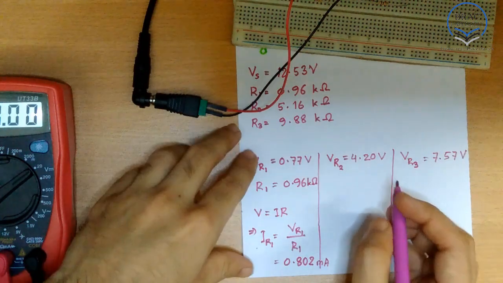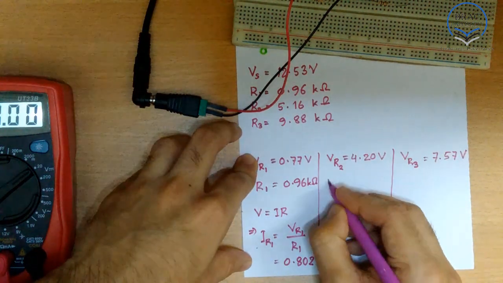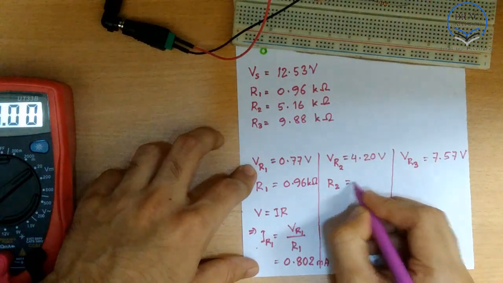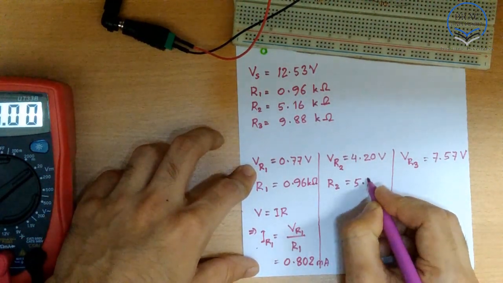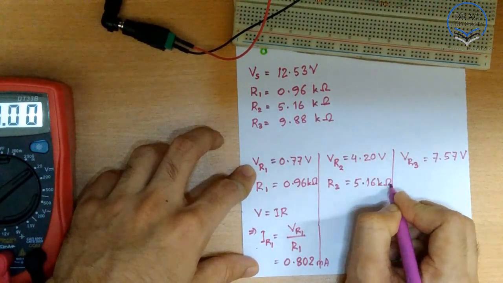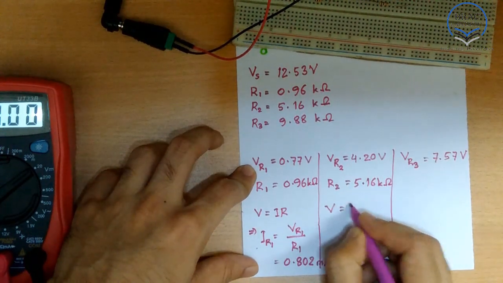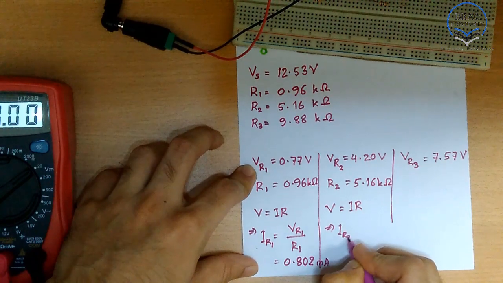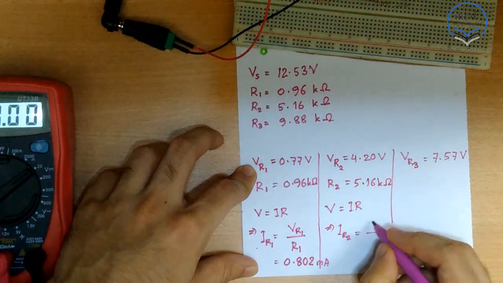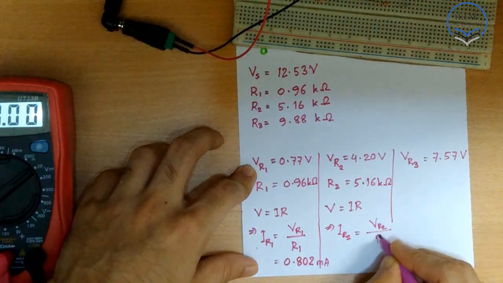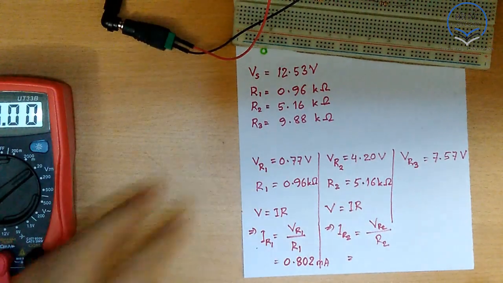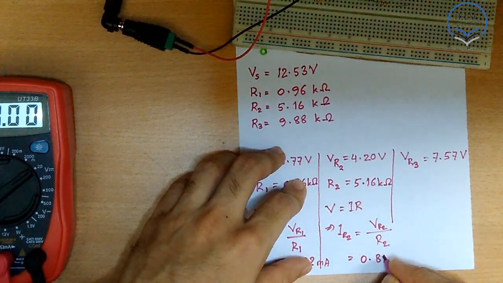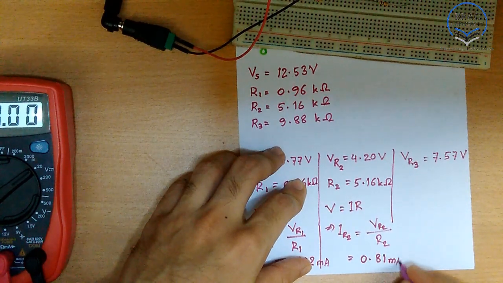And similarly for IR2, we know the value of the resistance R2 is 5.16 kilo ohm, and applying Ohm's law as well, we get IR2 is equals VR2 divided by R2, and the value is 0.81 and the unit is milliampere.